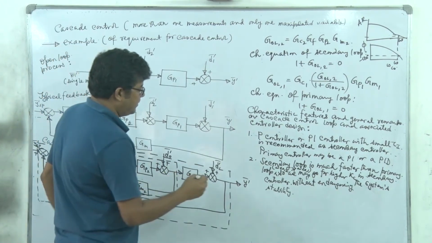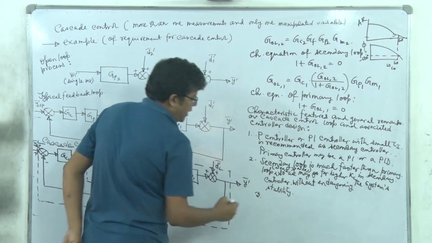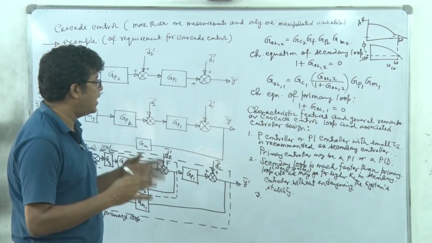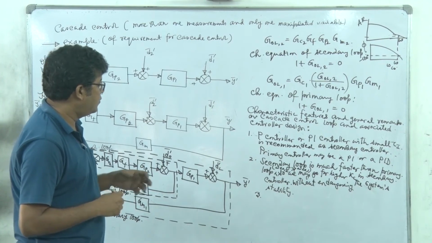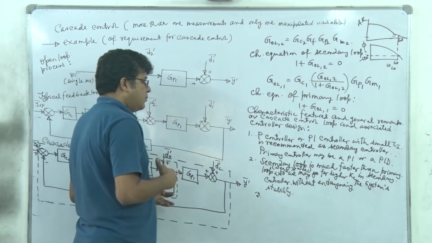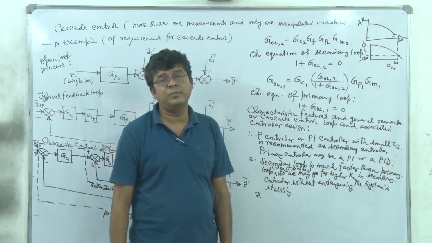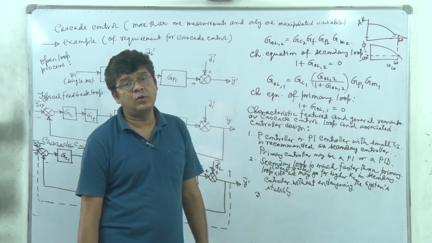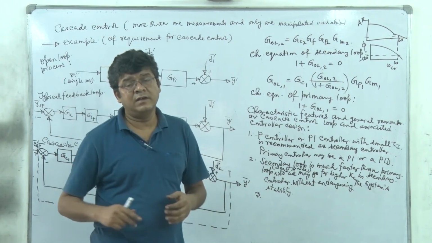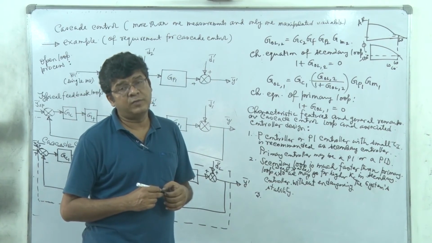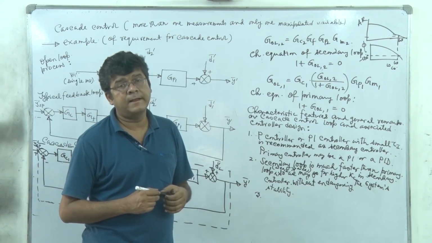And the third one, regarding the tuning criteria. You see, generally there are two standard tuning criteria we have discussed. Probably in module 3 you have got the idea of open loop Cohen-Coon tuning technique, whereas in the previous lecture I discussed the closed loop Ziegler-Nichols tuning technique, right?